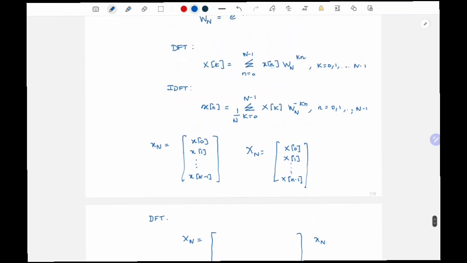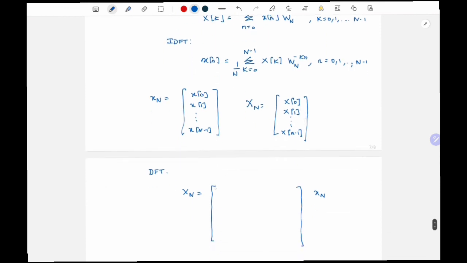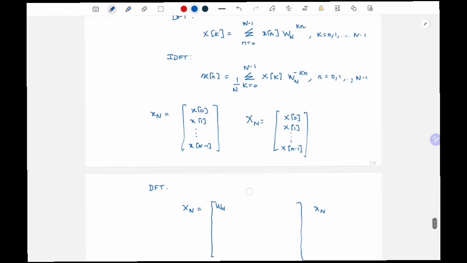So my x of 0 needs to be multiplied with W_N power k into 0. Similarly, x of 1 will be W_N power k into 1 and so on, right? Here k is 0 for the first row, so it is W_N power 0 into 0, 0 into 1, and so on up to 0 into N minus 1.